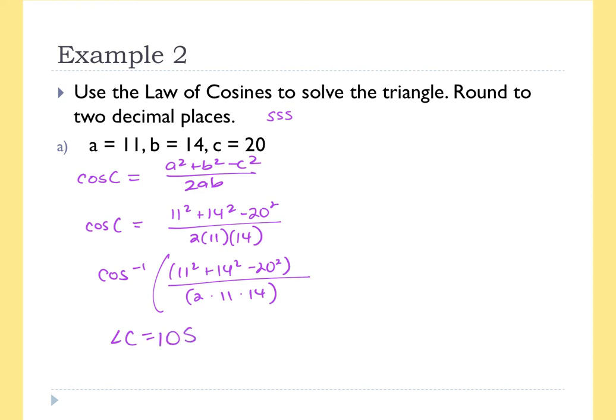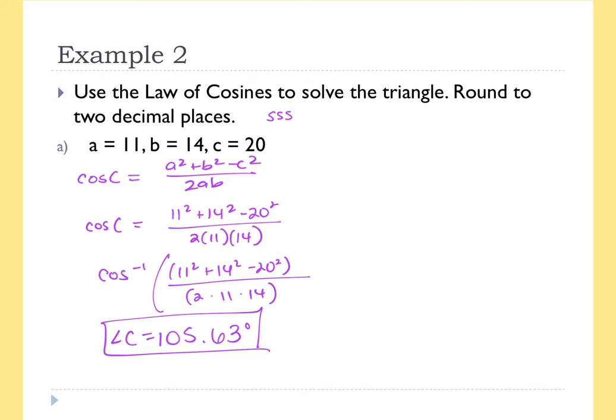That gives 105.63 degrees. Questions on that one? Yep. For the 14 at the end, do you have to put a second parenthesis? You don't, because it's the ending one.